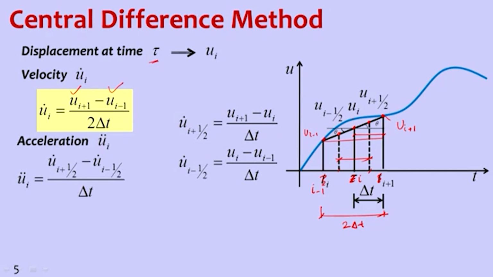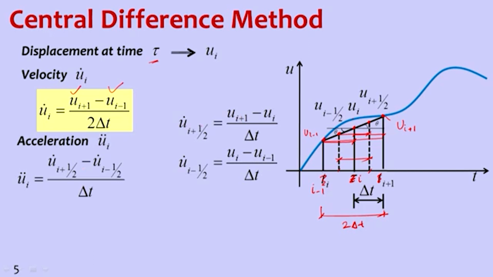Similarly, at this point, if we want to calculate velocity, we have to subtract this displacement minus this displacement divided by delta t. So you can clearly see this one, u i is here, u i minus 1 is here, and delta t is this. So this gives velocity at this point. Earlier one gives velocity at this point. Velocity at this point minus velocity at this point divided by time interval between them. So that is what is here.